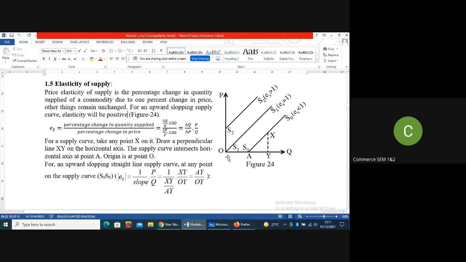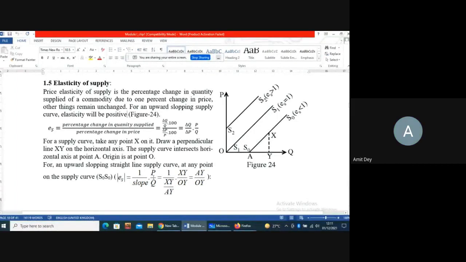And 1 by slope means, for this supply curve S0, the slope will be equal to the tangent of this angle, which will be equal to XY, this distance, divided by the base AY. So 1 by slope equals AY divided by XY, multiplied by price.